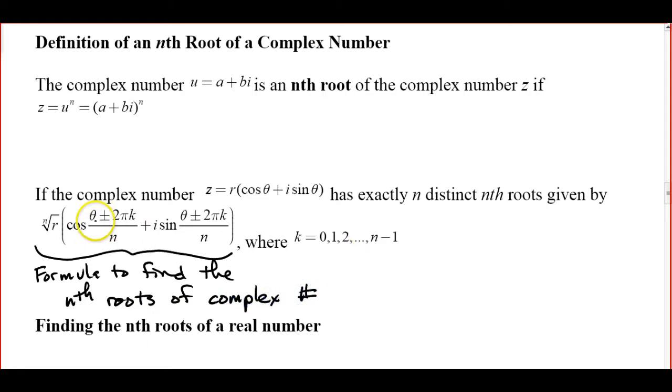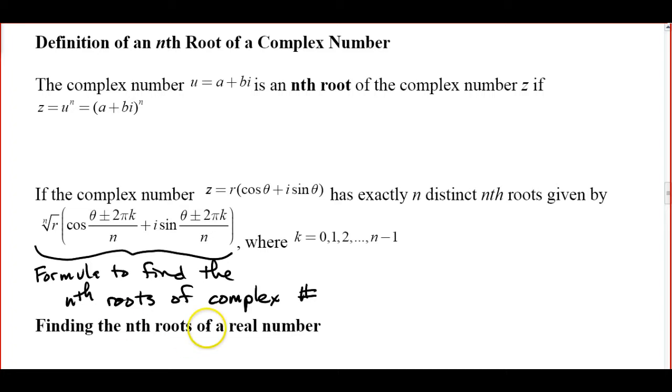You'll notice we have a value k here. K starts at 0 and goes up. So if we're looking at fourth roots, we would have 0, 1, 2, and 3, like we're going to have in the next example.